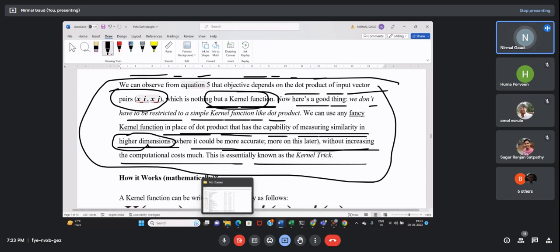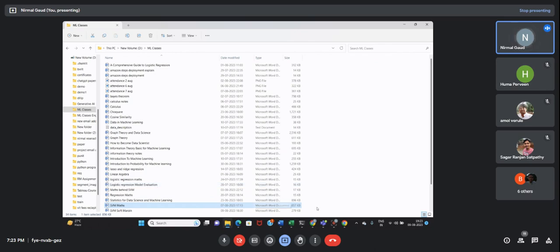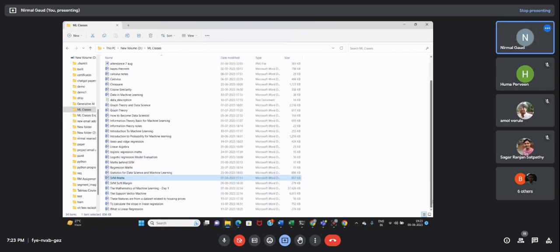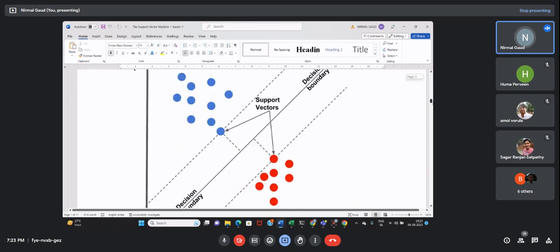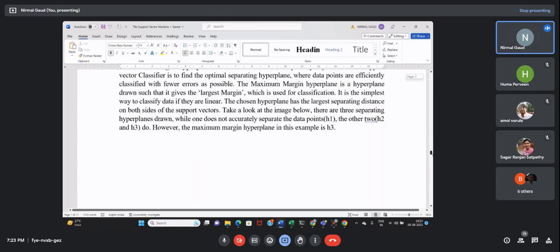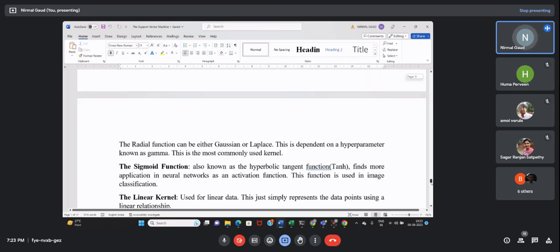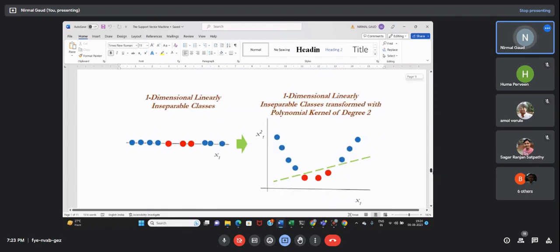Okay, these are the notes which are available to me for support vector machines. At the last, these are some of the complex cases.